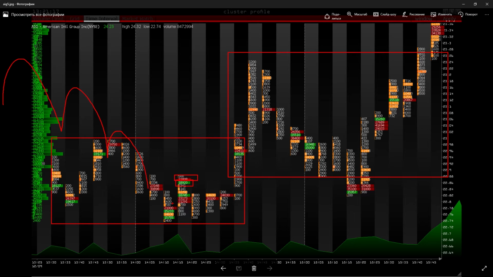We can see that the price reversed not here but here, because a buyer opened a position here, and here was just protection of this level, and this protection is important for us.